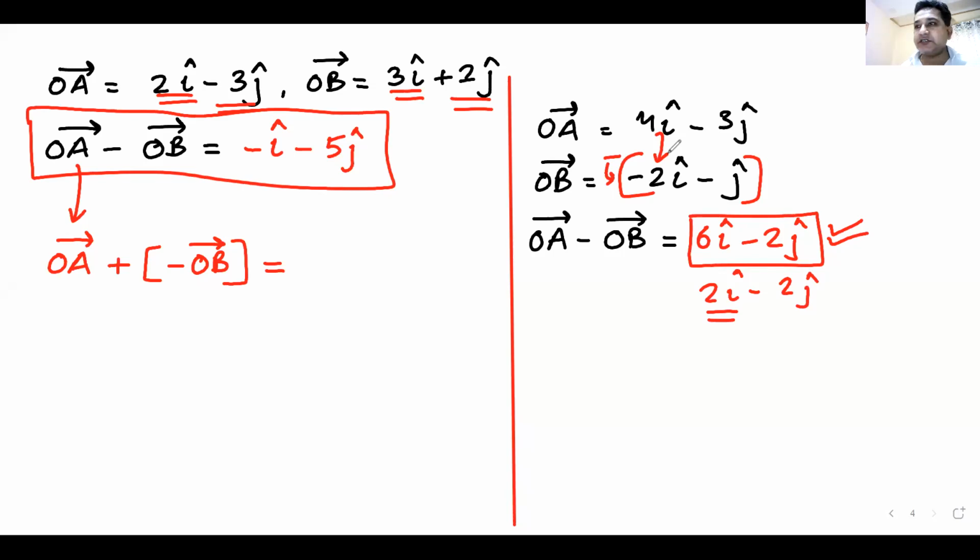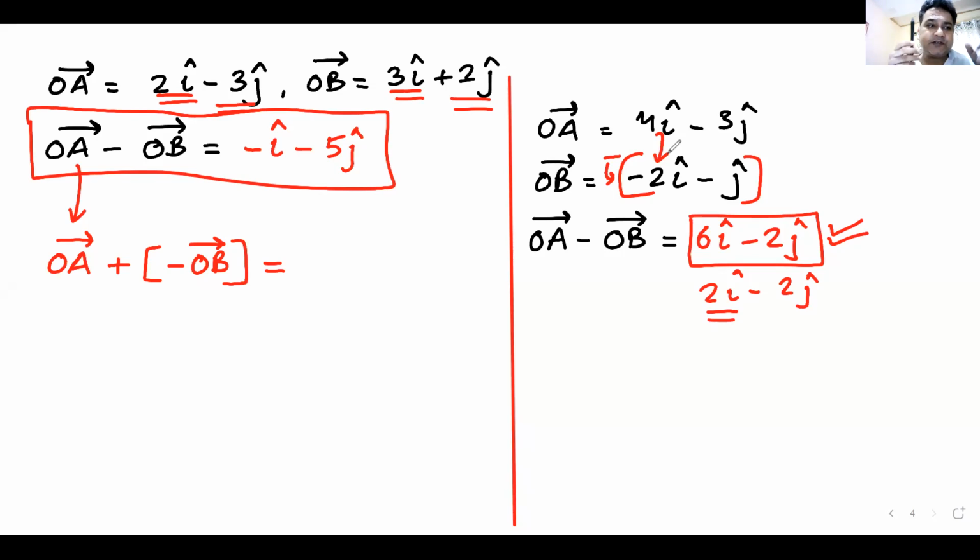Shall I move ahead? We have done polygon law, triangular law, parallelogram. I'll let you know once we are done with this. It's not important at this point in time. What is important here is that we are trying to get a shortcut for the addition of two vectors. We know how we can add vectors.